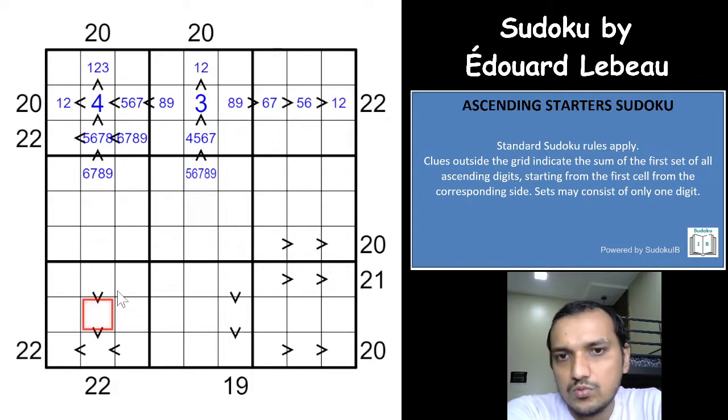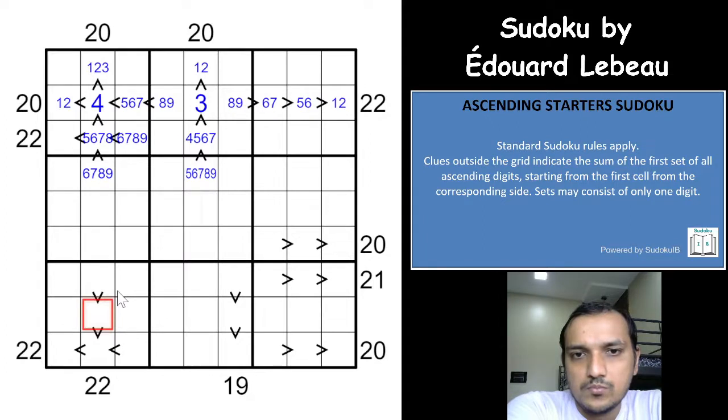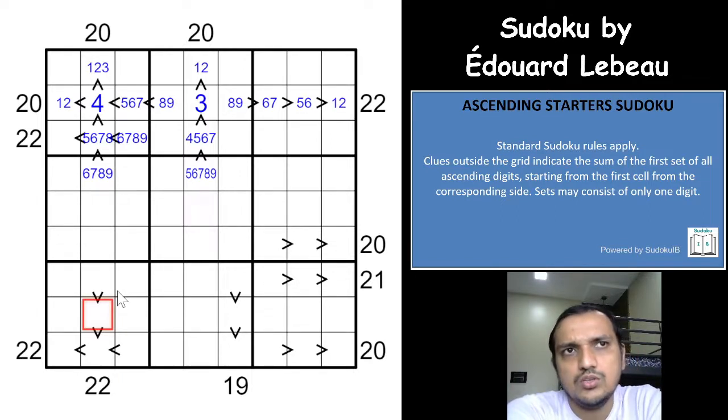No, what are we missing here, guys? Seven, 6, 13. You need 9 more.